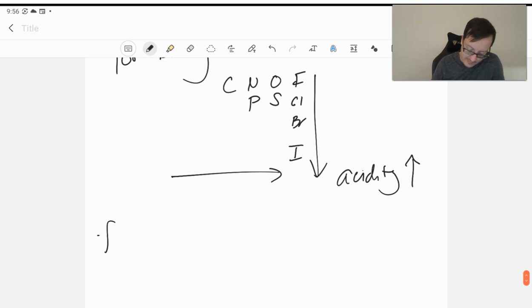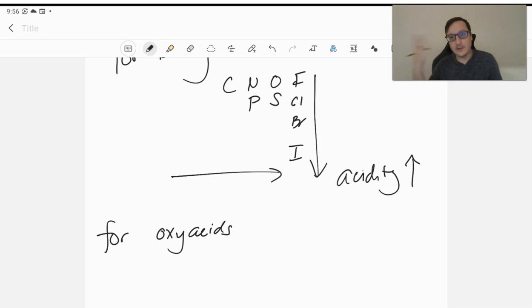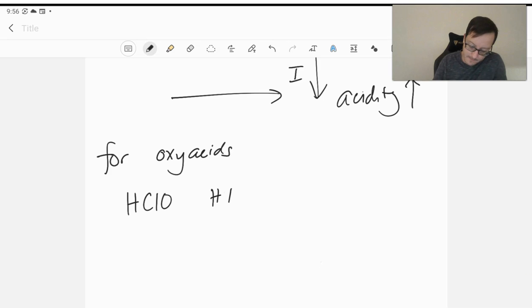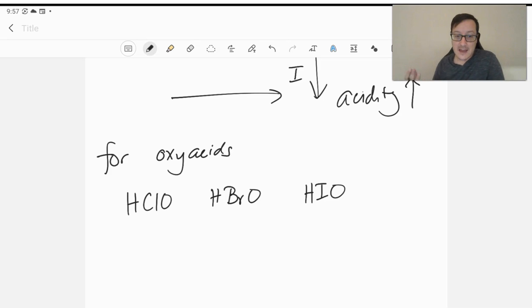For oxyacids, though, we can do some comparisons. If we're to compare hypochlorous, hypobromous, hypoiodous acids, we're going to see that when we're looking at oxyacids, we're looking at the electronegativity of the atom to which the oxygen is bound.